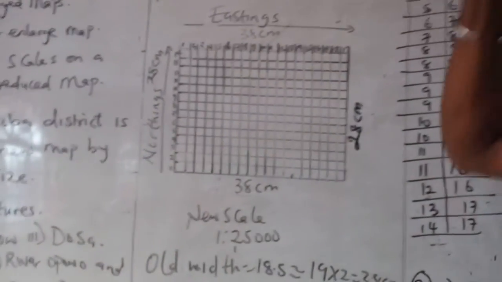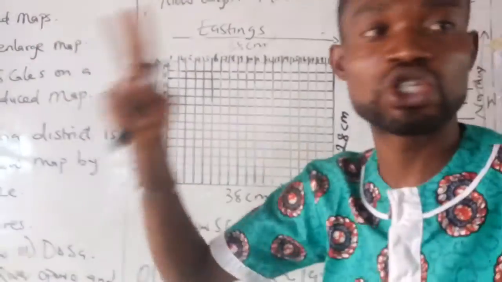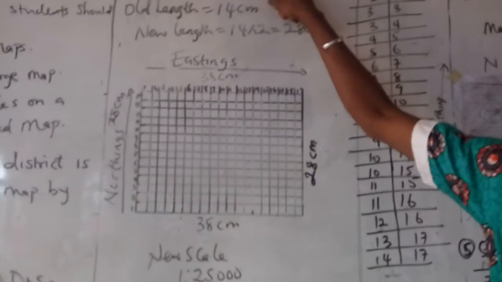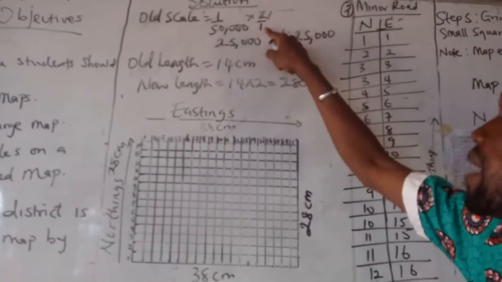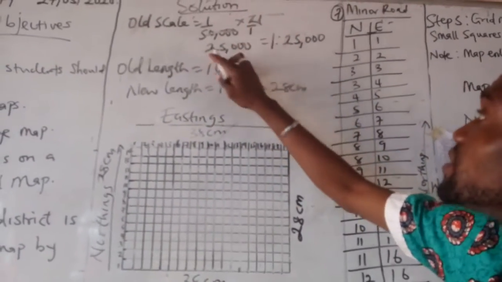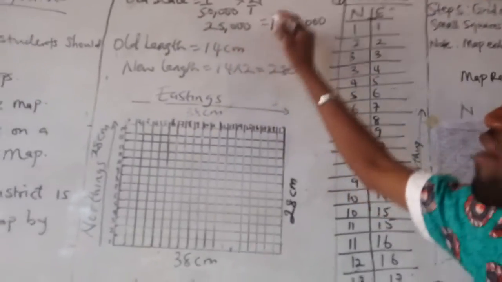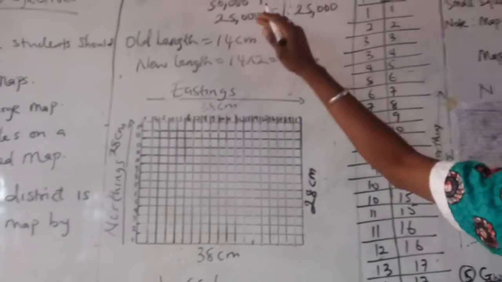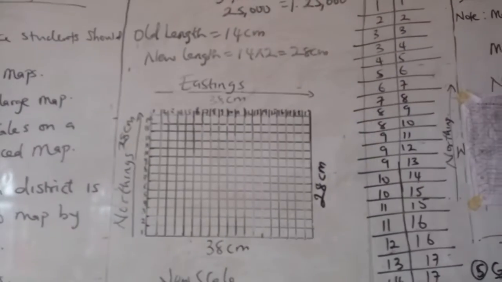Remember that the examiner says twice, which is 2. That twice is times 2/1. You know that every whole number is over 1, so times 2/1. 1 into itself is 1, 2 into 50,000 is 25,000. So I have 1:25,000. Now I've gotten my new scale, which is 1:25,000.